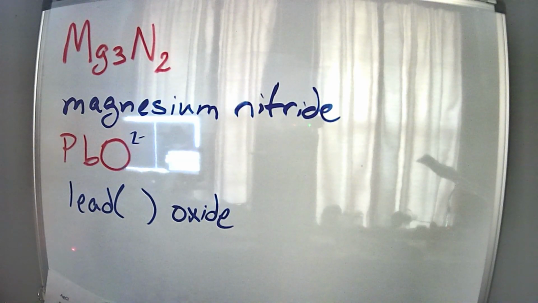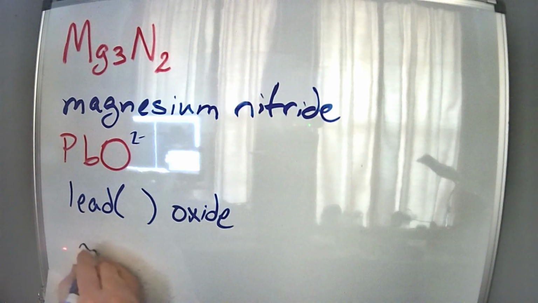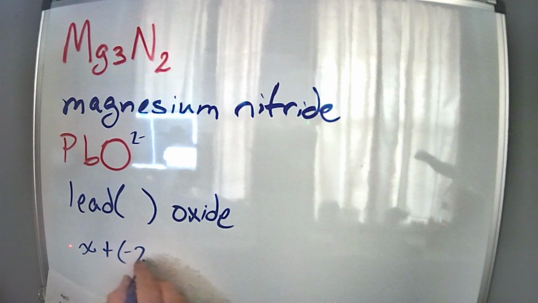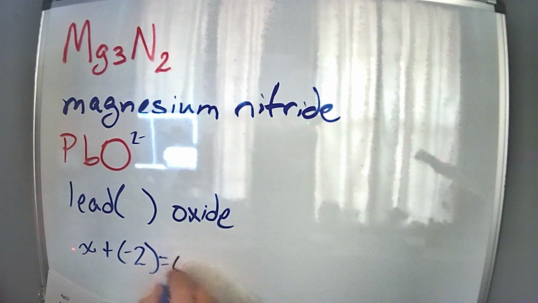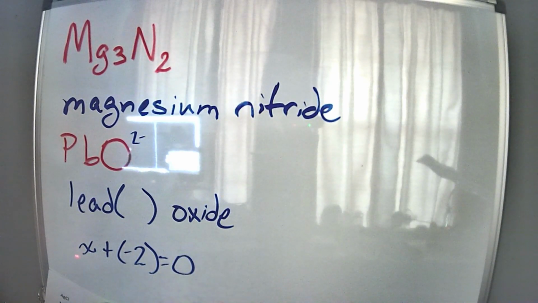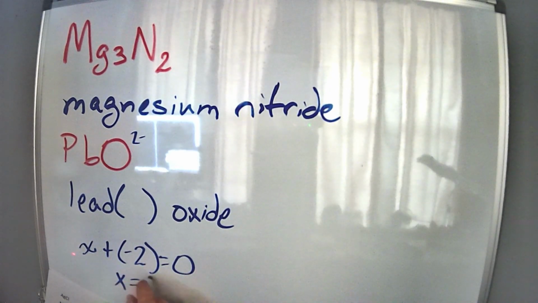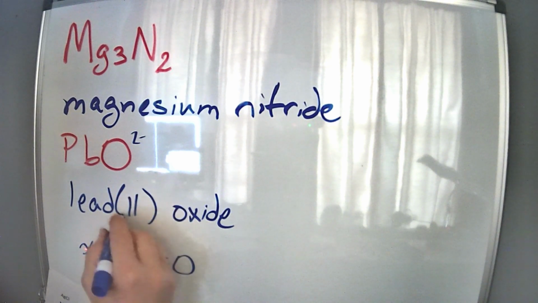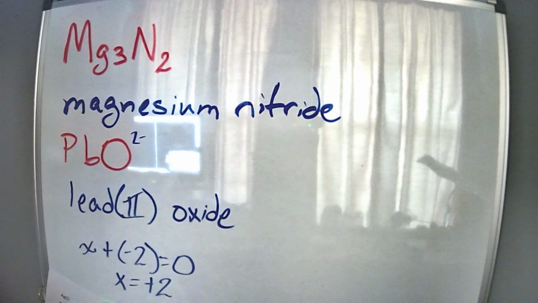So when we add up the charges on each of the ions, the total charge has to equal 0. So the charge of the lead plus the charge on the oxide ion gives me a total charge of 0, because remember, compounds have no charge. So x plus -2 equals 0. So that means that x equals +2. So this is lead 2 oxide.